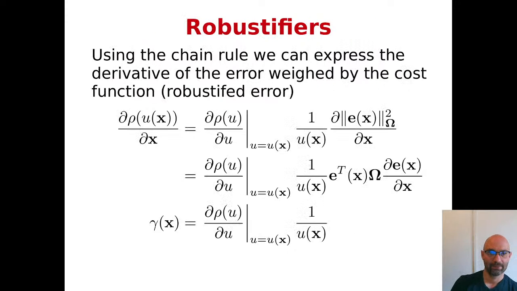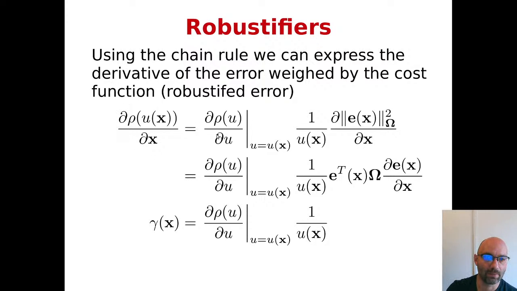Having done that, we can calculate the derivative of the error function rho of the L1 norm after passing through the robustifier, this robust cost function rho. So how do we compute this derivative? Well, we use the chain rule as always.